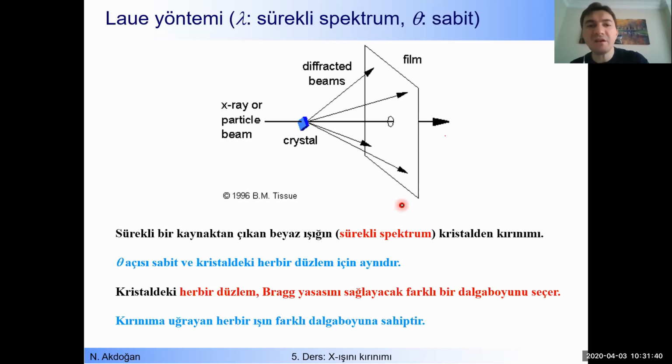So what we see here, depending on the X-ray diffraction condition, each wavelength within that X-ray source selects different diffraction angle, okay? And then they go to the photographic film and they produce spots here. So this is called Laue method. Do you have any question here?